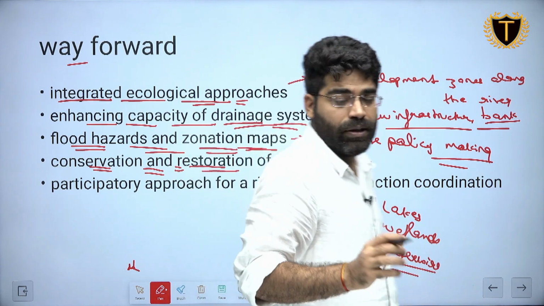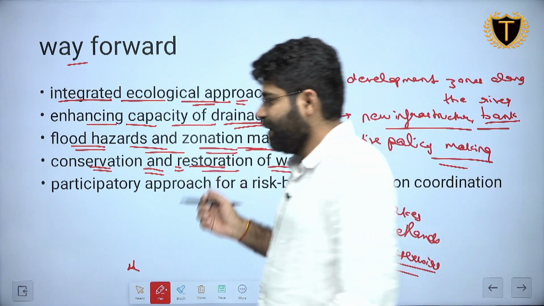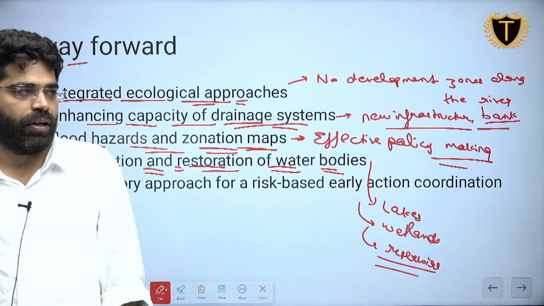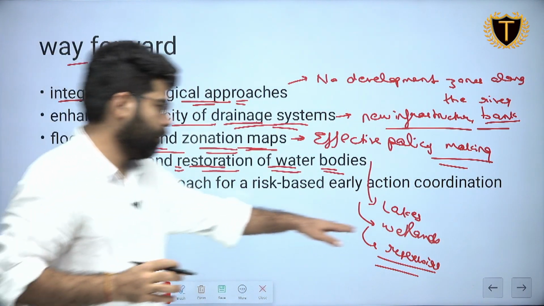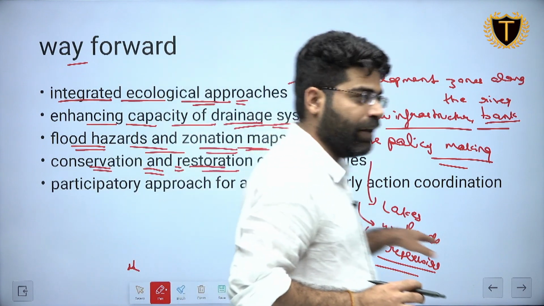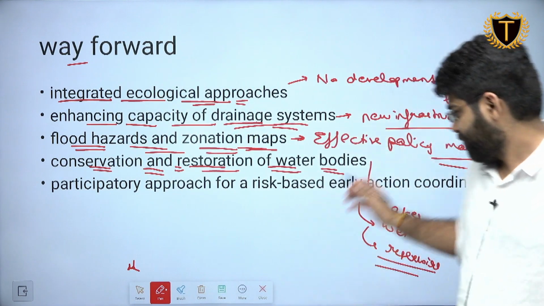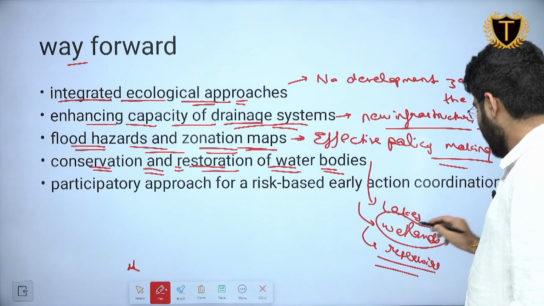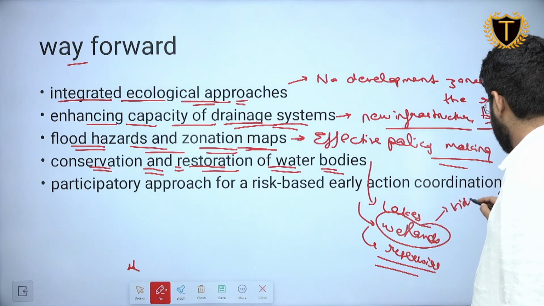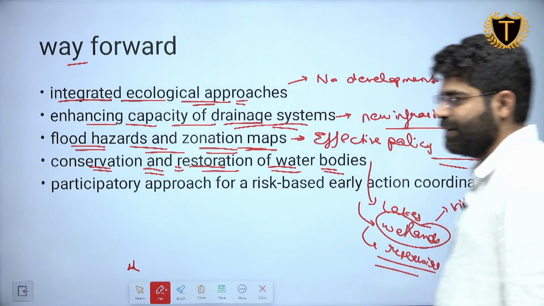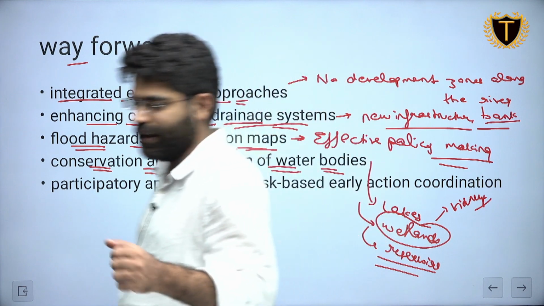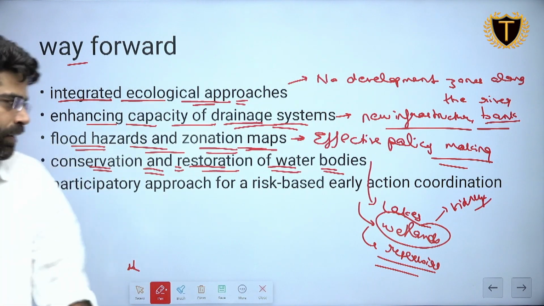These should be conserved for minimizing the possibility of urban flood. As we know, wetlands are of primary importance, they are basically like the kidneys of the environment. The more wetlands we have, the less is the possibility for this kind of urban flood to occur.